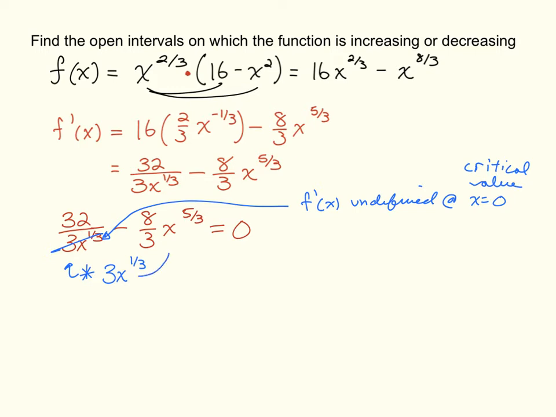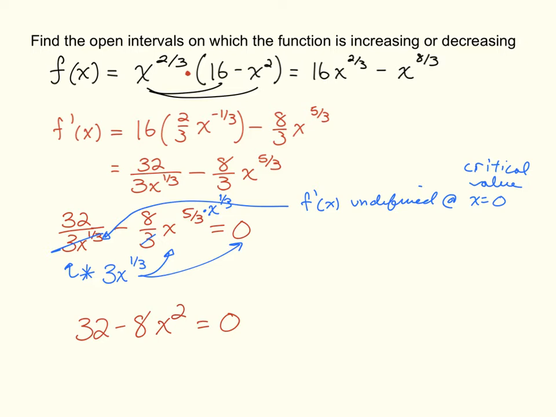When I multiply this to the second term, it will cancel out the 3 and leave us with a multiplied x to the 1/3 power. And when I do this to the right side of the equation, it still leaves us with 0. So on the left side, it'll be 32 minus 8. And up here, x to the 5/3 power times x to the 1/3 power will equal x squared.